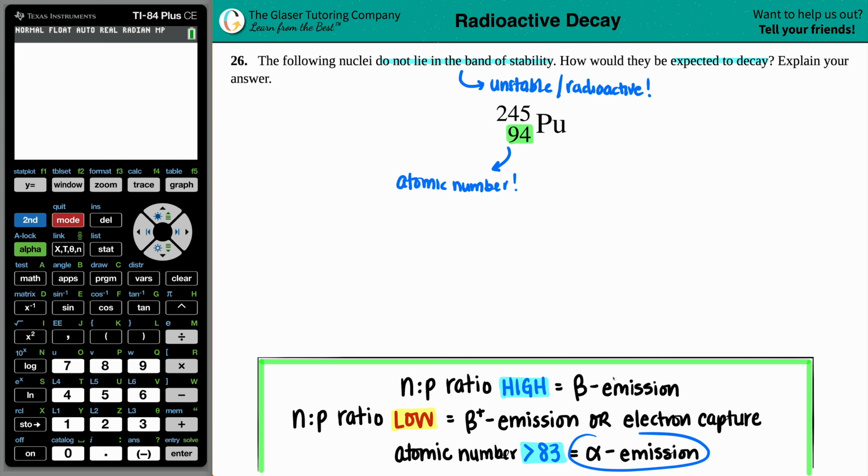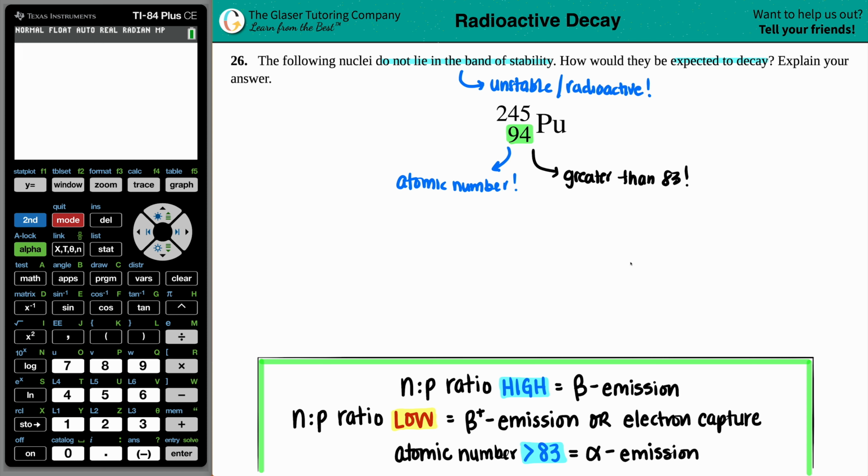Alpha is just a helium nucleus, where you lose 2 protons and 2 neutrons. So you're losing a lot of stuff very quickly. And in this case, I have an atomic number of 94. That's greater than lucky number 83.